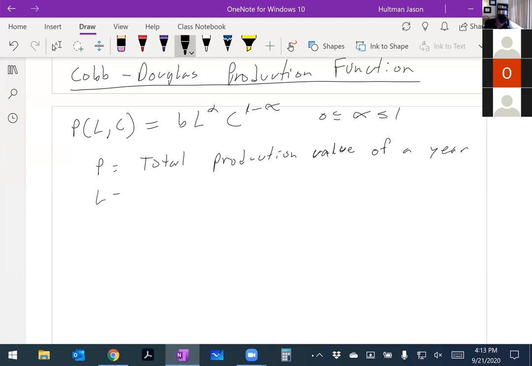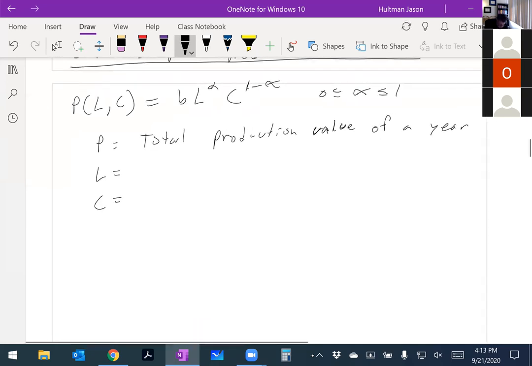It is basically divided into two categories. One is the labor hours worked for the year, and the other is the amount of capital invested.